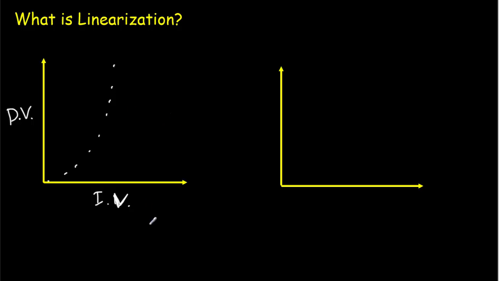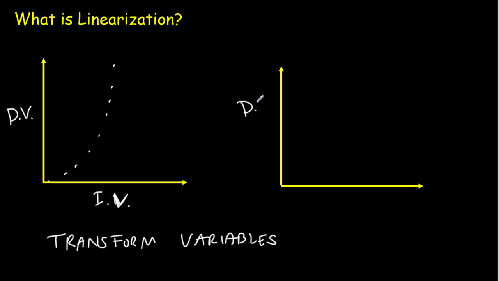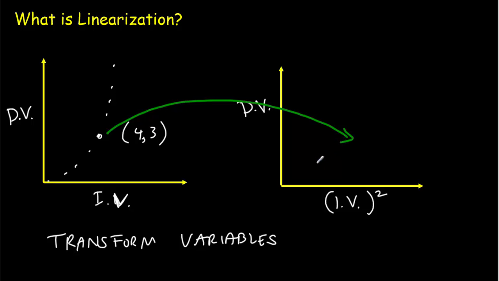Then what we do is a transformation of variables. So for instance, in this case, what we might do is leave our dependent variable alone, and maybe we'll plot that against the square of our independent variable. So for instance, let's say this is the point 4, 3. Then over here, that point would get transformed somewhere over here.